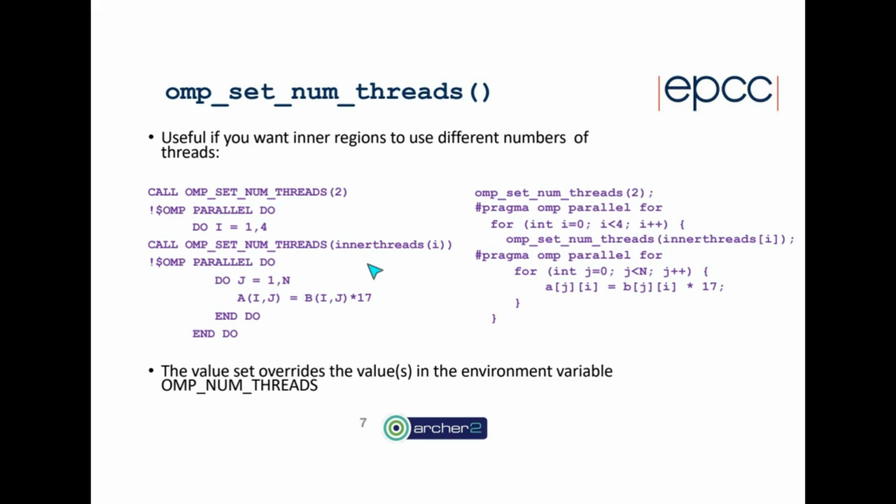So this call to OMP_SET_NUM_THREADS happens in the master thread outside the parallel region. So that controls how many threads will be used at this outer level. And then once I'm inside that level, every thread, and in fact every thread for every value of I, could potentially use a different number of threads, which suppose I've pre-calculated and stored in some array.